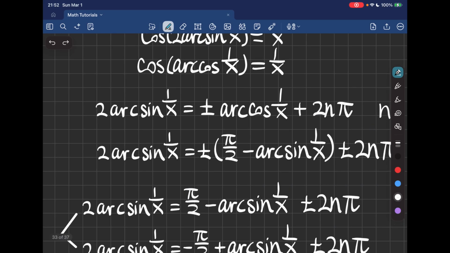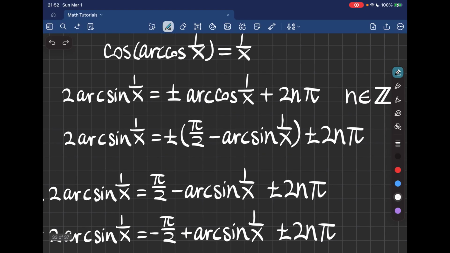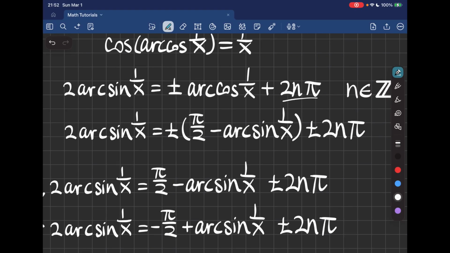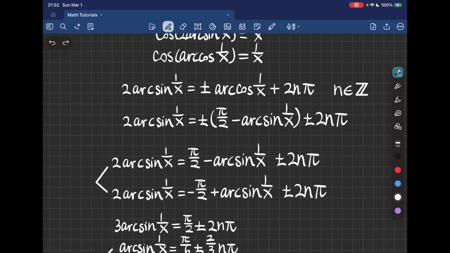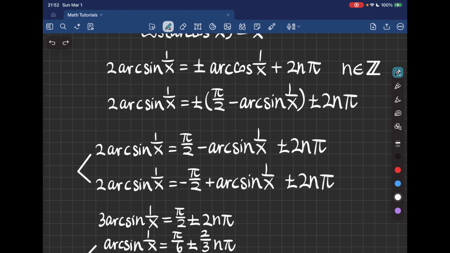That is because, for example, these two can be equivalent directly, but if you have negative arc cosine 1 over x here, you will need to add 2n pi to shift it to match this, right? So this is a more comprehensive way of writing it, and it will help us find the correct number of solutions. That's why it's important to write it that way.